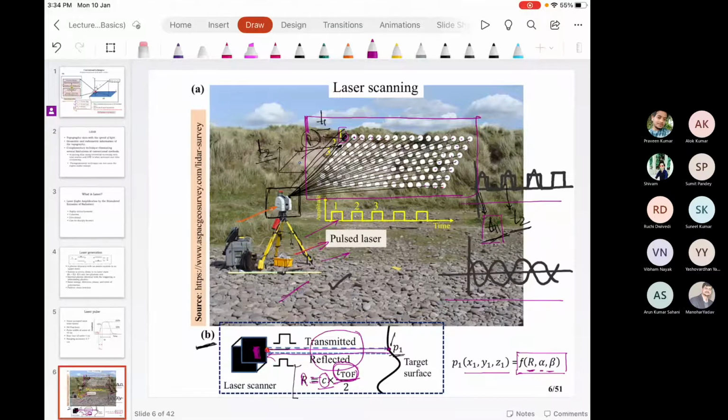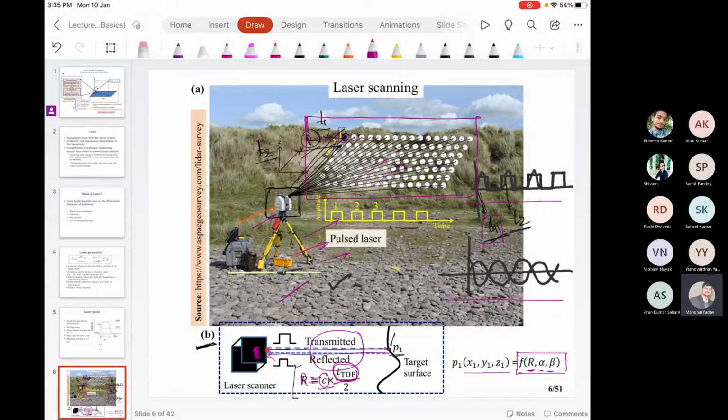But in case of laser scanner based coordinate acquisition of a large number of points, you just need to initialize the instrument. It automatically fires many laser pulses. Once you start, it fires the laser pulses at a certain rate and provides them in different directions so that all these points are captured.